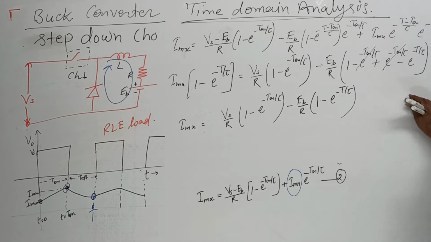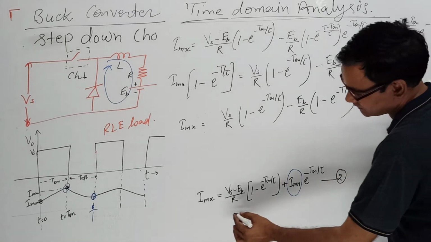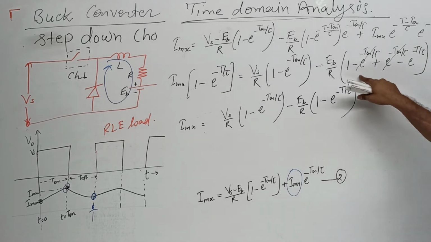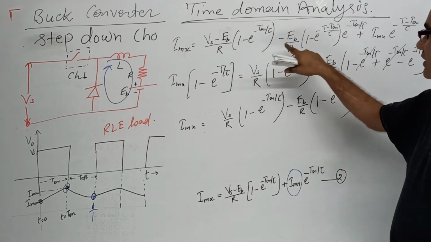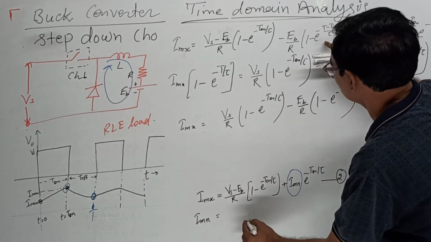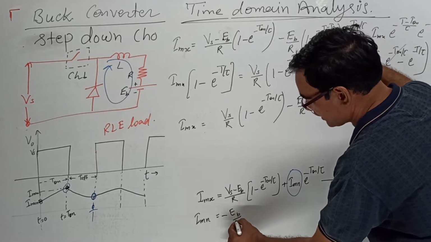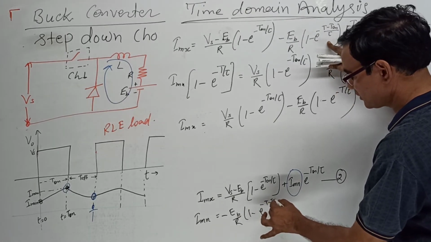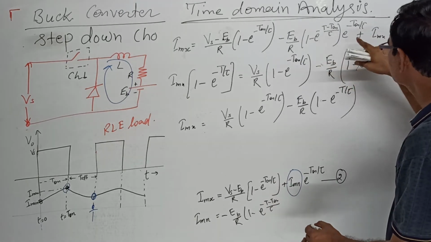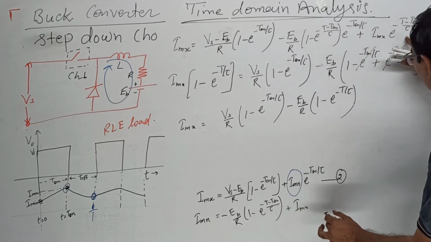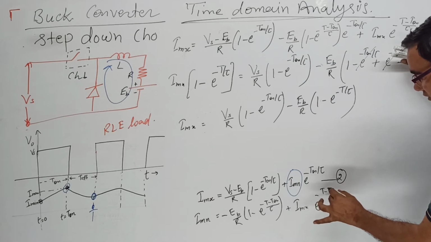Otherwise also, you know that the fourth equation was this: Imn is equal to minus EB upon R, 1 minus e raised to power minus (T minus T on) upon tau, plus Imx e raised to power minus (T minus T on) by tau.